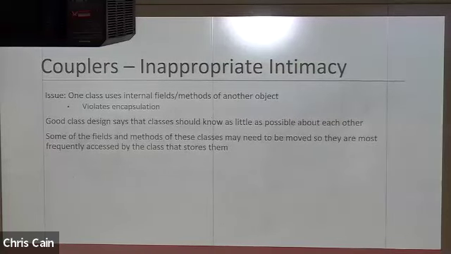Sometimes some of these things may need to be moved, and that's okay. If class A really needs to know something about class B, maybe the appropriate location for that information shouldn't be in class B, it should be in class A. So if you move it, that's okay. But note that again, if class B needs access to those fields or methods, you might still end up with the same issue. This is where some of the design patterns come in, where the class, for instance, produces a snapshot of its state and then shares that.